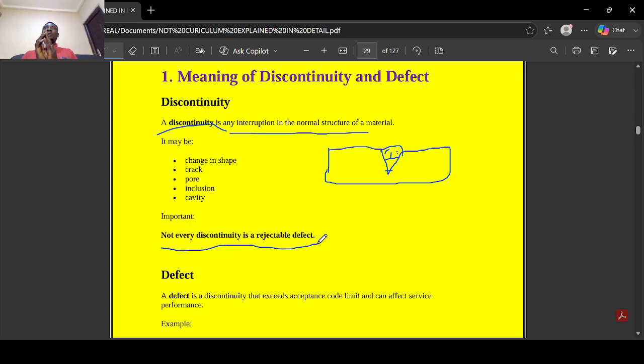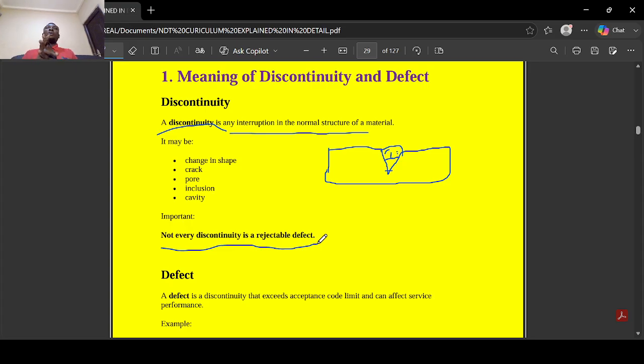I believe there are laws and regulations that govern Nigerians. If you kill somebody, you are sentenced to prison, depending on what the constitution states. You'll be exposed to that based on the law placed on the ground before now. The same thing happens in the field of NDT.